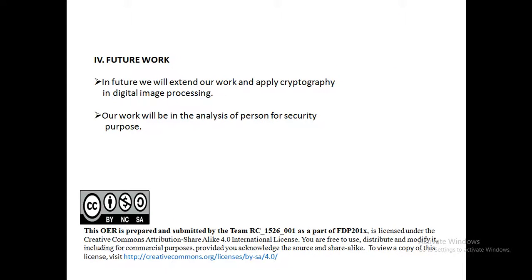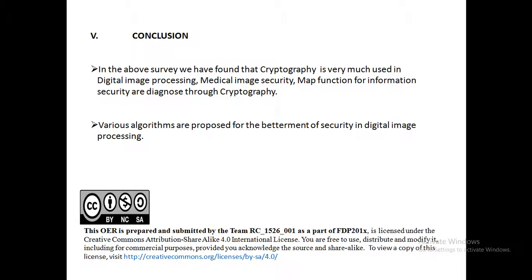In future, we will discuss how we can apply a particular cryptography technique in digital image processing. In detail, we will take an example of a particular image and apply the step-by-step concept of cryptography. We will also see how personal security, a particular person's face, is secured by applying cryptography technique.